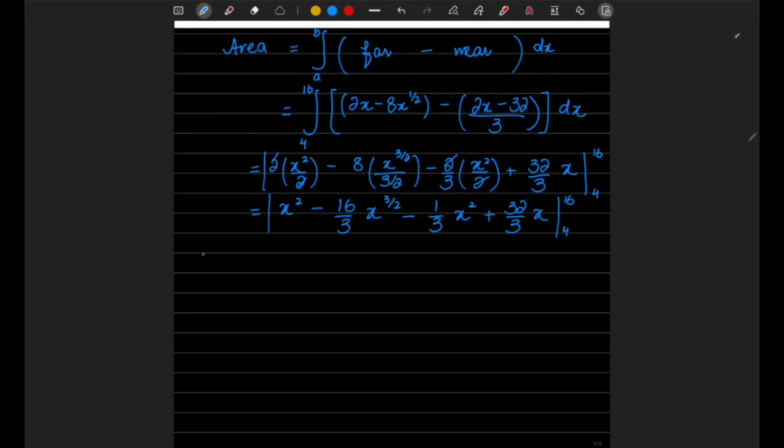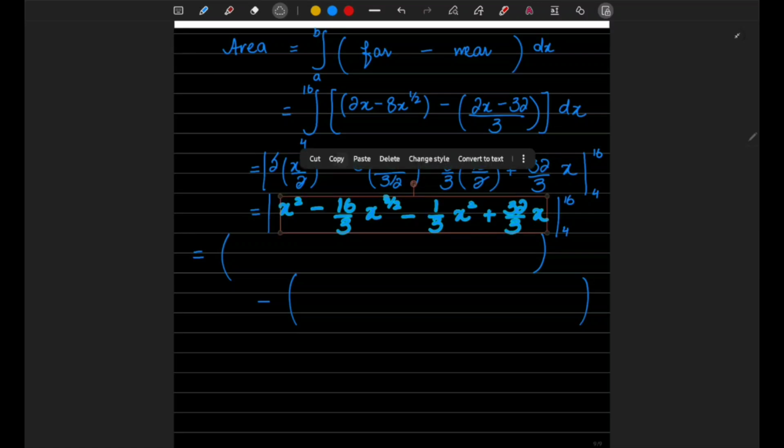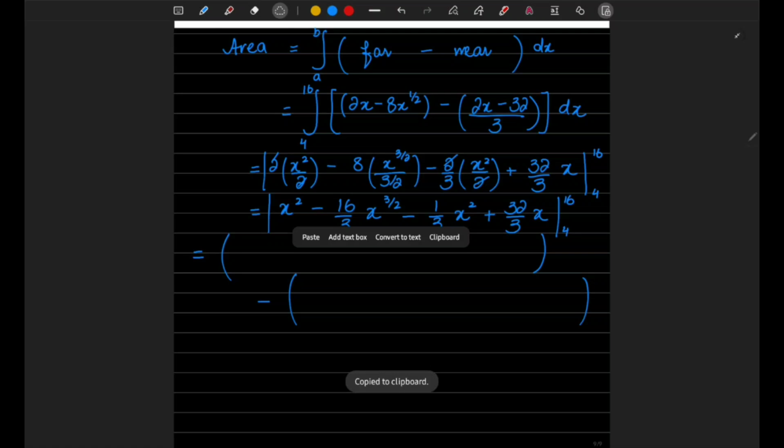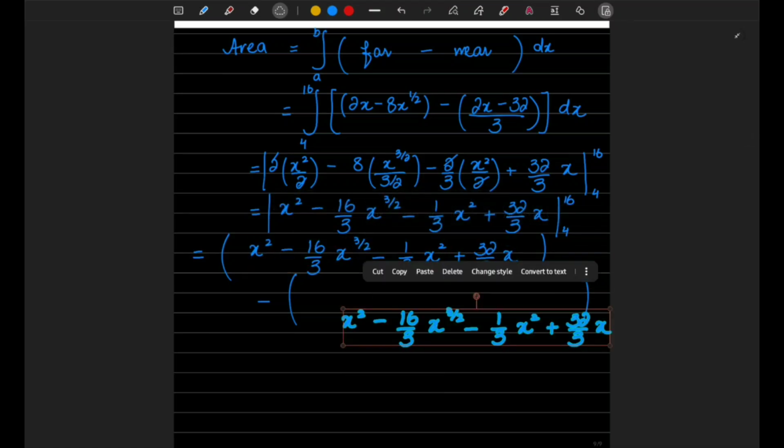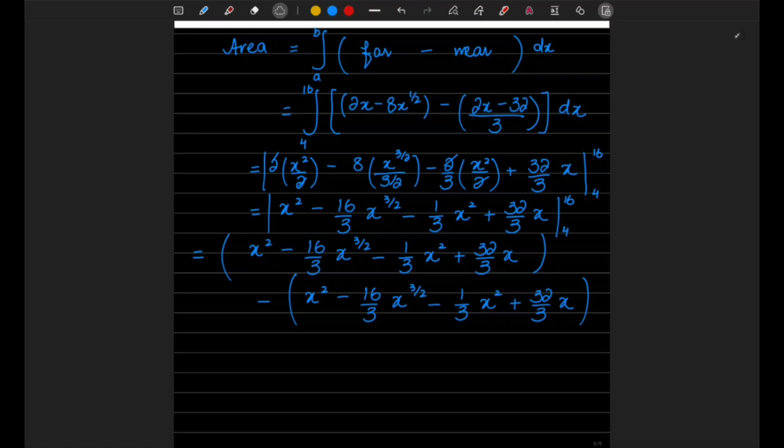Now apply the limits. First apply the upper limit, minus apply the lower limit. I'll show the whole working of applying the limits, copying this and substituting the values.